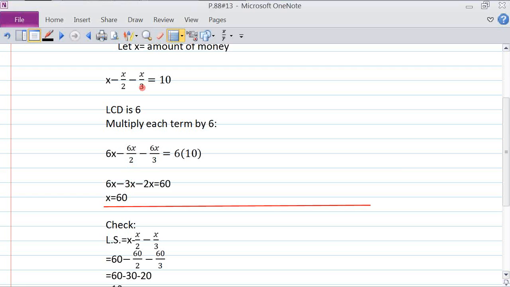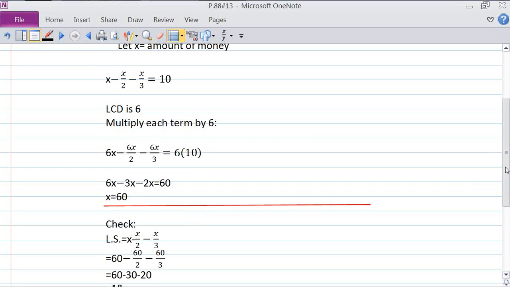And 6x over 3 gives us the minus 2x. 6x minus 3x minus 2x gives us x, and the 60.